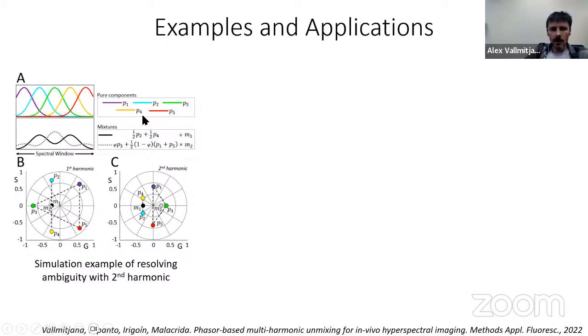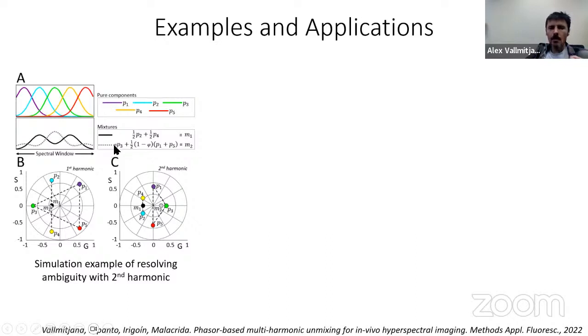You have these 5 pure components, and then you prepare 2 mixtures of these components. For example, the first mixture corresponds to half of pure component 2 plus half of pure component 4, which would give you this double peaked spectrum. And then you have another mixture, which is a combination of the other 3, such that there is equal proportion of the first and the fifth and some number, so that you get this triple peak here.